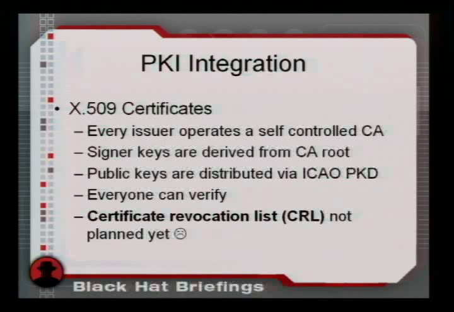For this reason, they are planning a huge PKI. Each issuer operates a self-controlled certification authority. The signer keys are derived from the CA root, and the public keys are distributed by the ICAO PKI distribution, so everyone can verify. Unfortunately, they had just forgotten to make a CRL. So if one country is losing its keys, the complete system is doomed.